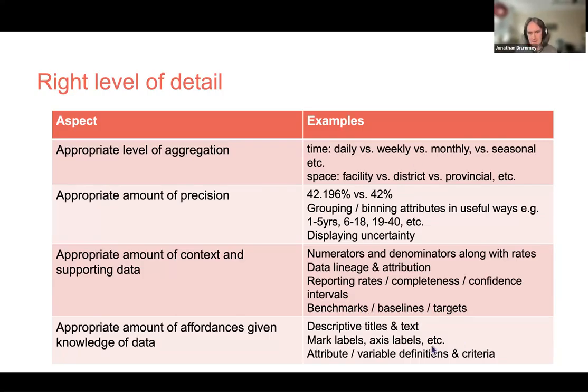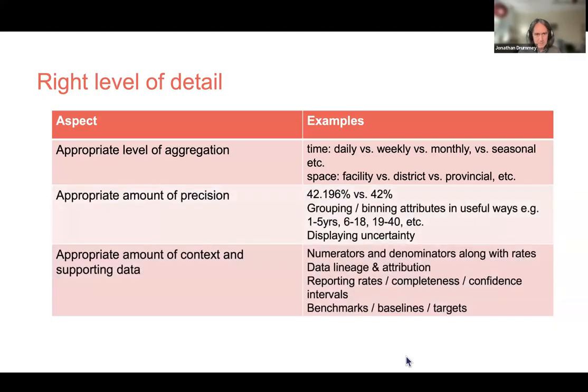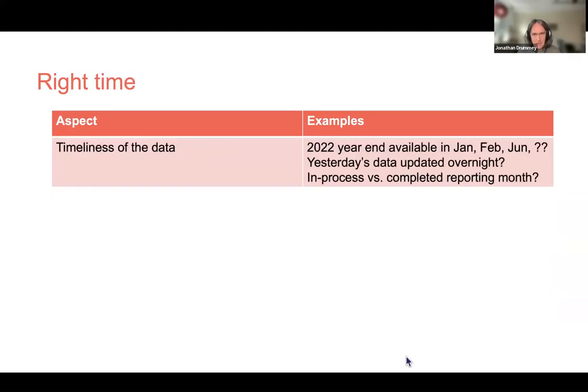And then having affordances, as a user interface design term, for the things that aren't what's in front of us, but that help us get there. So having the right titles and text and axis labels and so on, potentially including variable definitions within the visualizations that we build or supporting materials. So it all gets to the right level of detail.